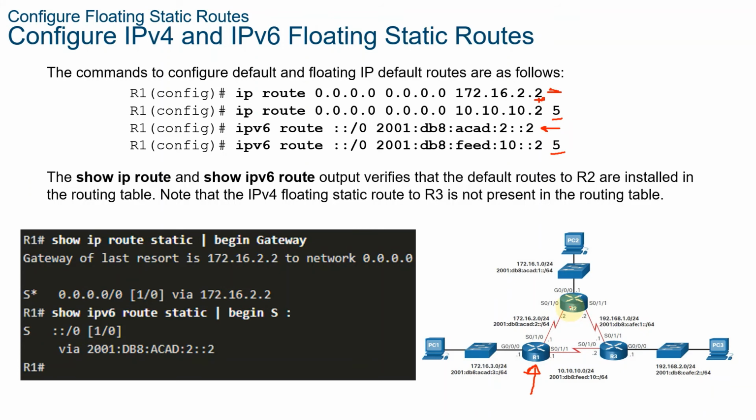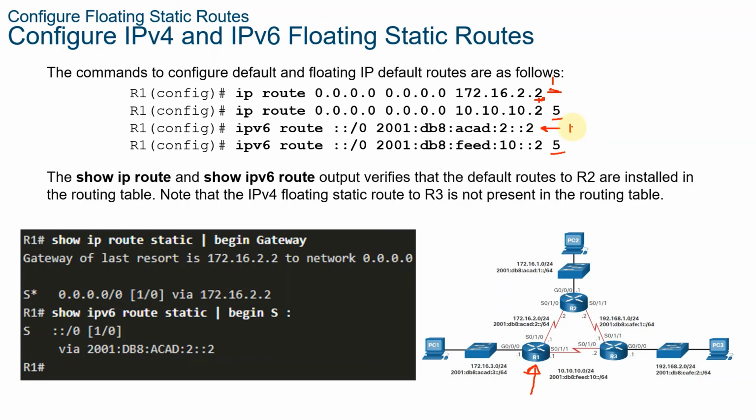R1 is configured with IPv4 and IPv6 default static routes pointing to R2. Because no administrative distance is configured, the default value is 1. That is for both IPv4 and IPv6.